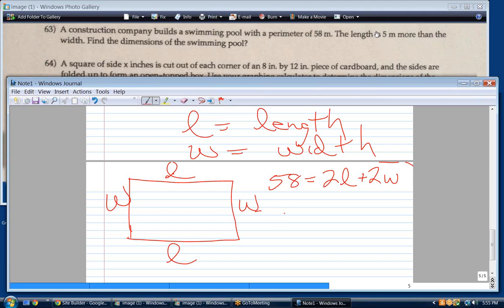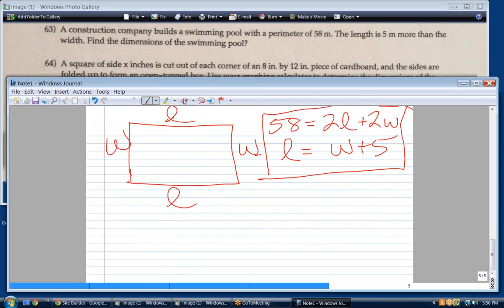No, is means equal. So L equals 5 meters more than width. What's that going to be? W plus 5. Exactly. So now we have 2 equations, the same 2 unknowns, and we can now solve it.